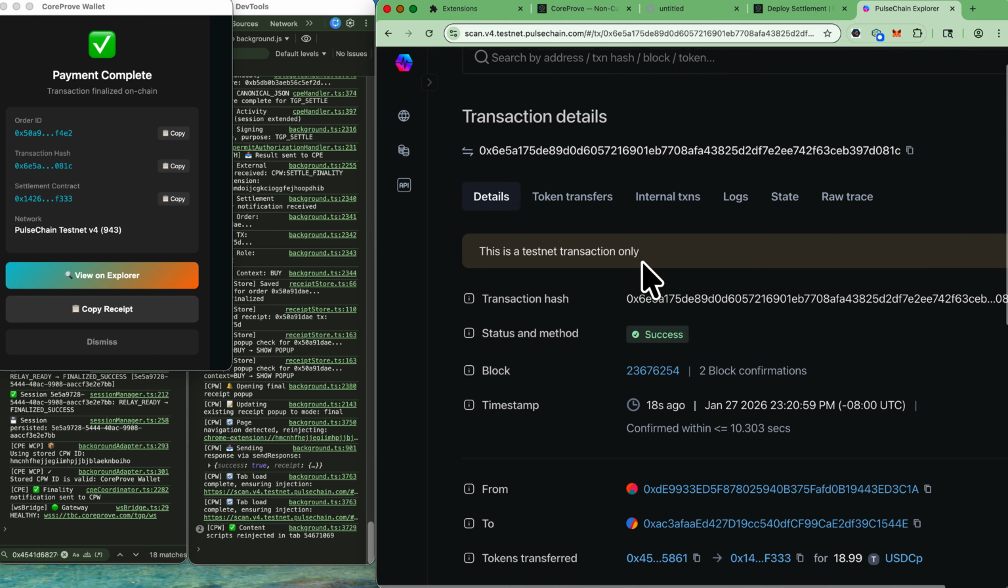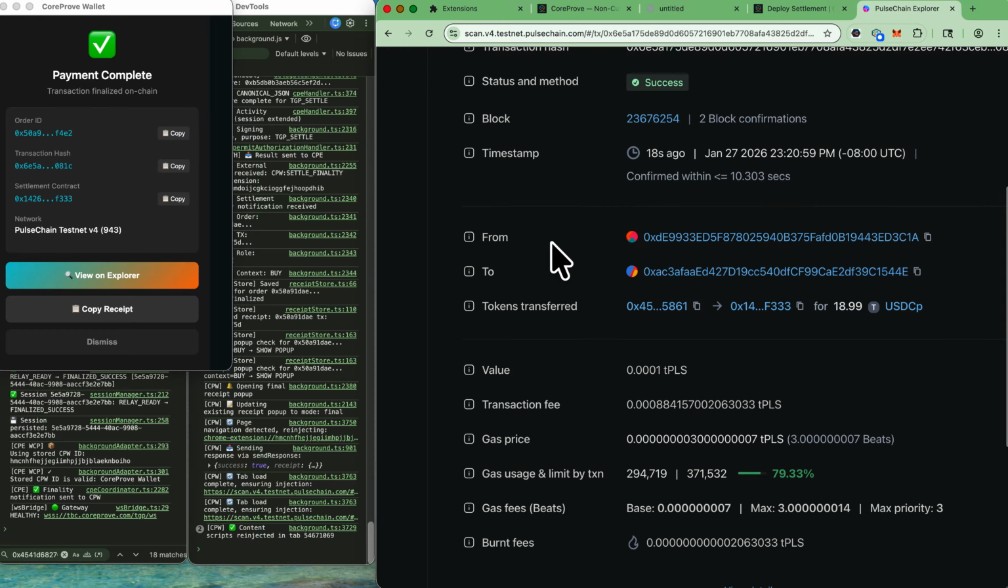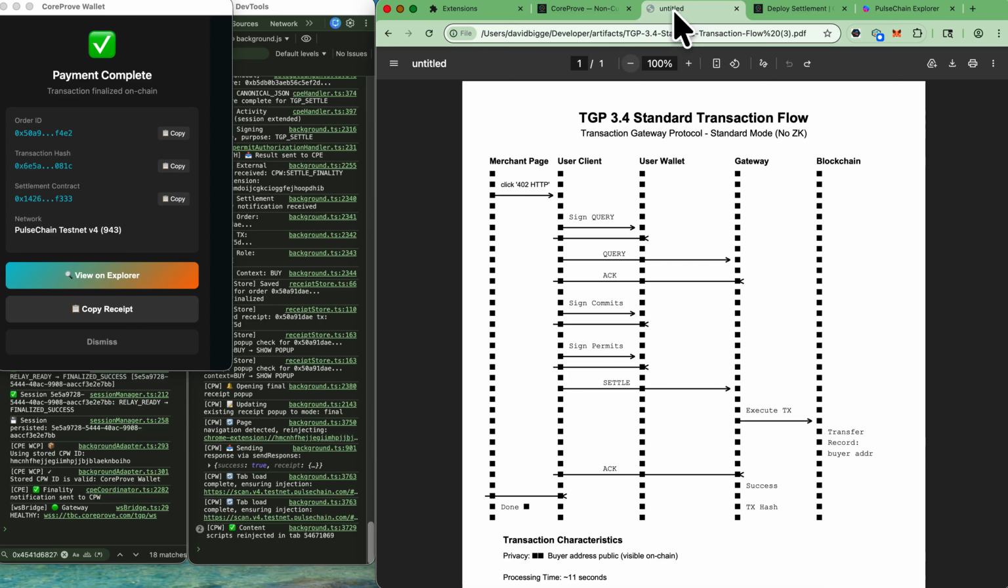So in this transaction, we see a to and a from address. And notice that neither one of these are the root wallet or the delegation wallet. From a signaling perspective, what we're looking at here is the transaction between the gateway and the blockchain.